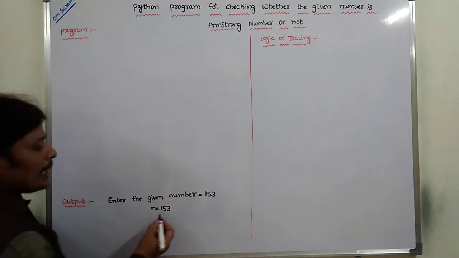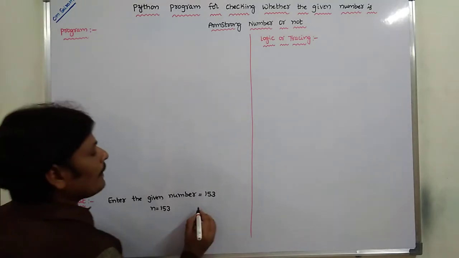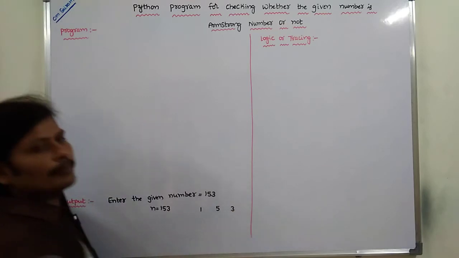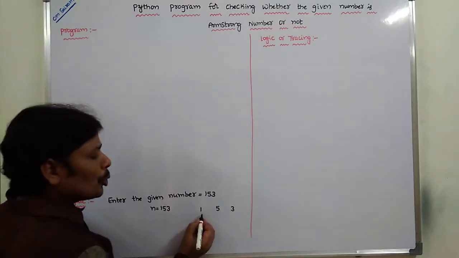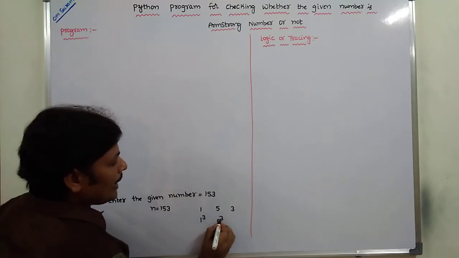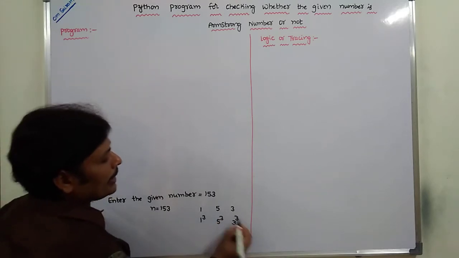Okay. So what are the digits there in the given number? 1, 5, 3. Now cubing each and every digit: 1 cube, 5 cube and 3 cube.